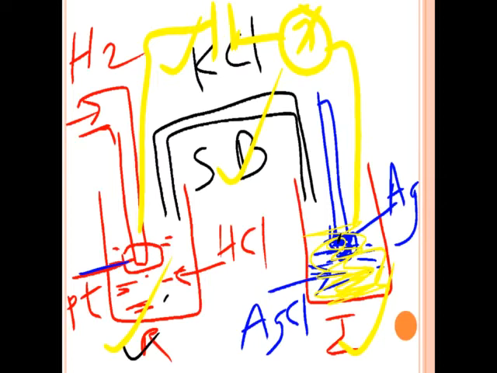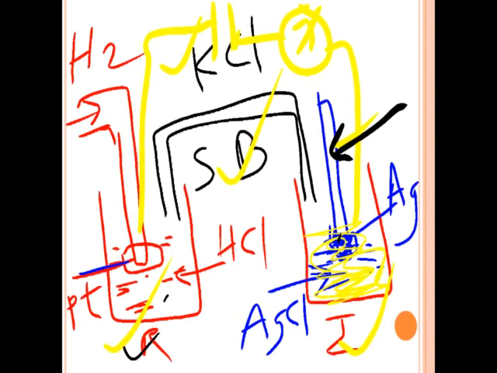The changes take place at the indicator electrode. When the sample or analyte is added, it undergoes dissociation, and then gaining and releasing of electrons takes place across the indicator electrode.